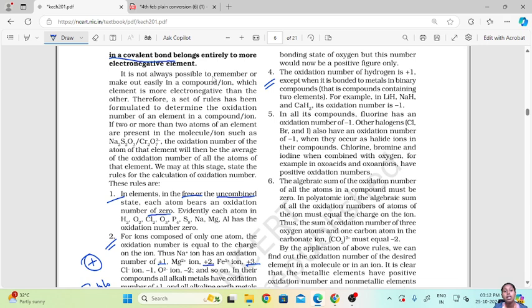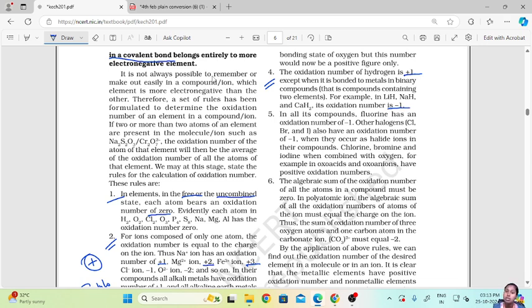Next, the oxidation number of hydrogen is +1 except when it is bonded to metals in binary compounds, that is compounds containing two elements. For example, LiH, NaH and CaH2, where its oxidation number is -1.